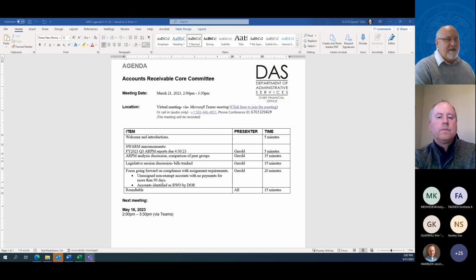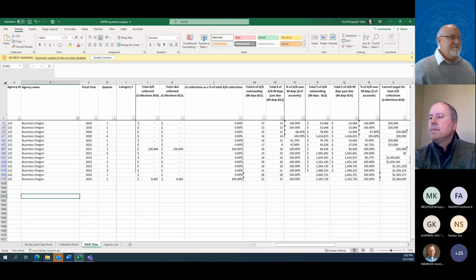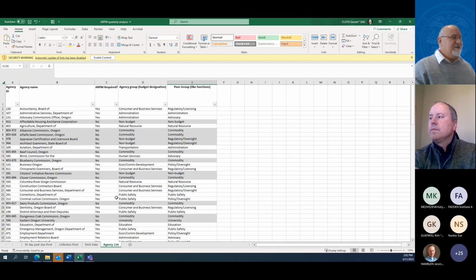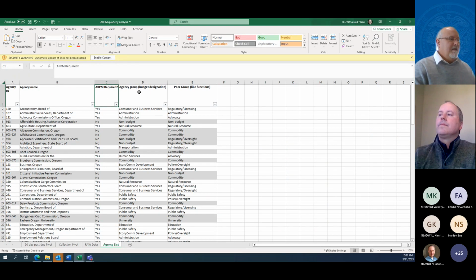I put in the agenda a comparison of peer groups, but that's basically just one way of capturing what we're trying to do, which is being able to slice and dice the information in a couple of different ways. These are a couple of the current ways that we're looking at it. One is the ARPM required.